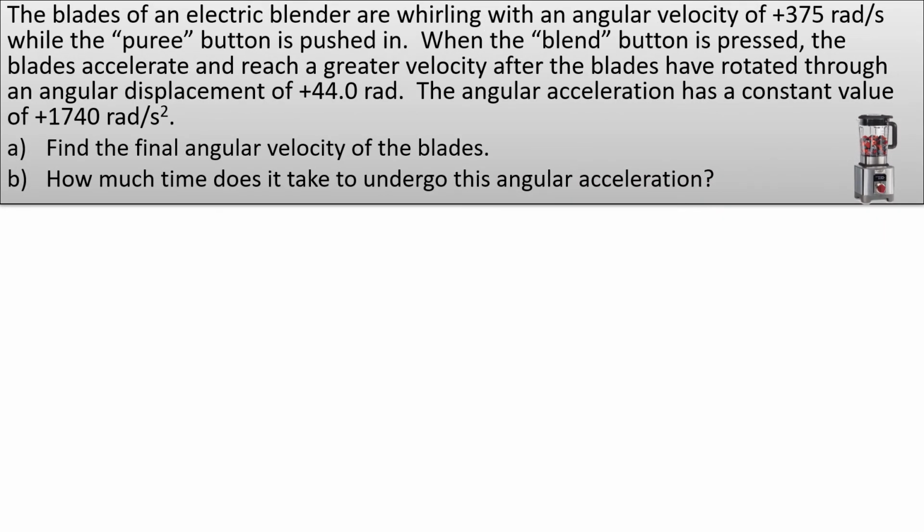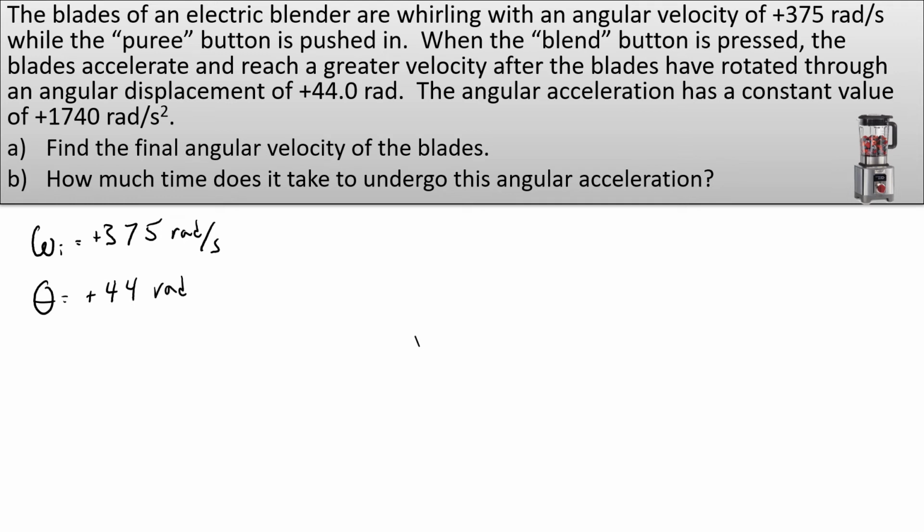So the first thing that sticks out to me is the initial angular velocity, omega I, is equal to 375 radians per second. Then the angular displacement, theta, is positive 44 radians.